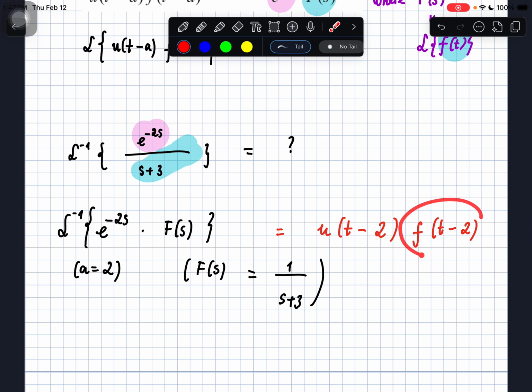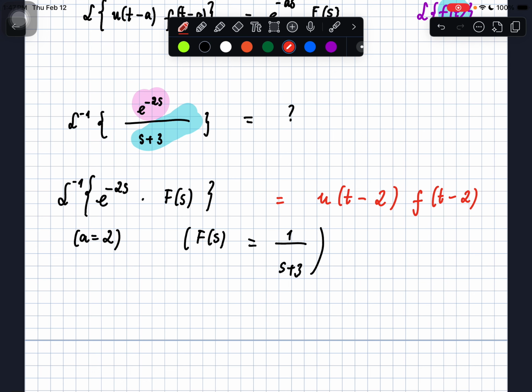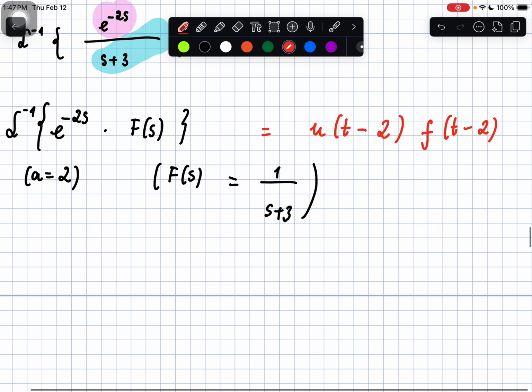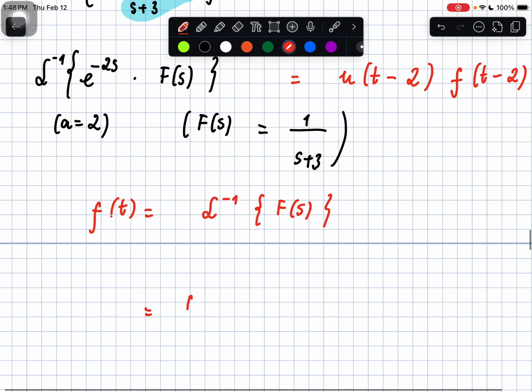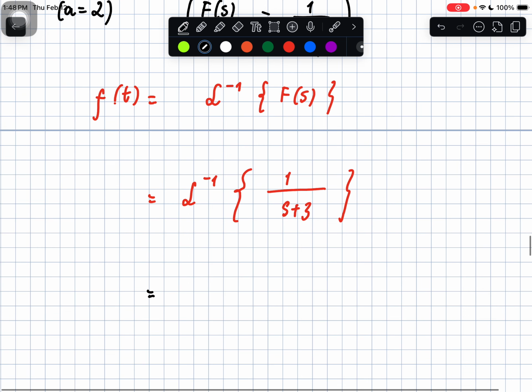So all we need to do is compute small f. Small f(t) is the inverse transform of big F of s. So the question now becomes, what is the inverse transform of 1 over s plus 3? By the Laplace transform table, we know this is e to the minus 3t.